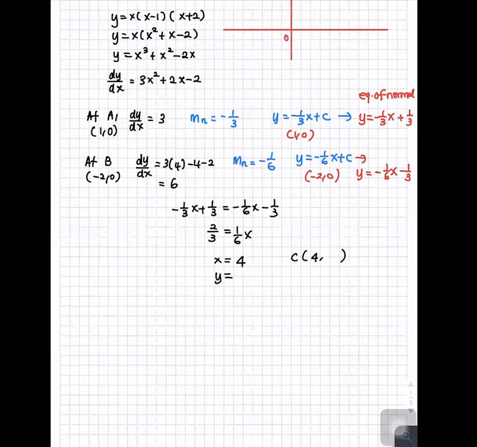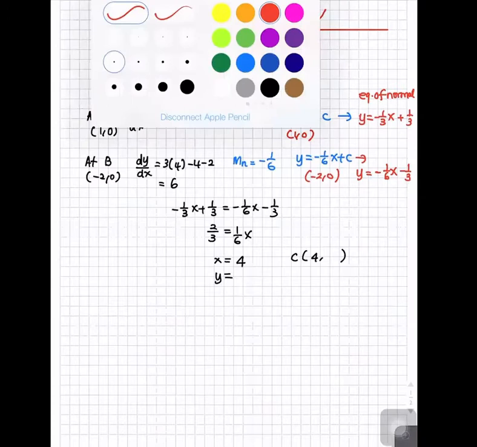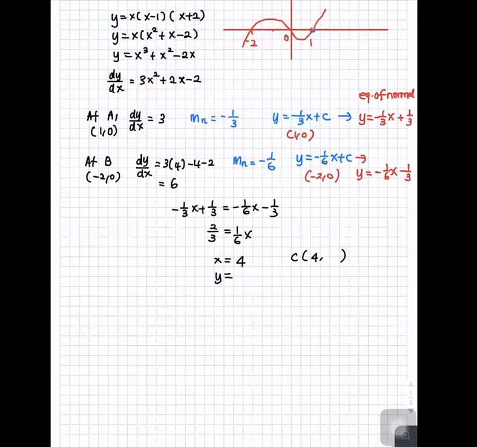I know it's 0, 1 and negative 2. And they are positive cube shape. Let me draw my tangent at A. And then tangent at B. The green color is the normal.